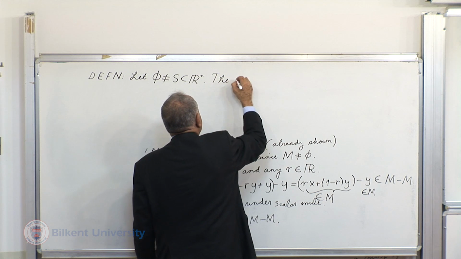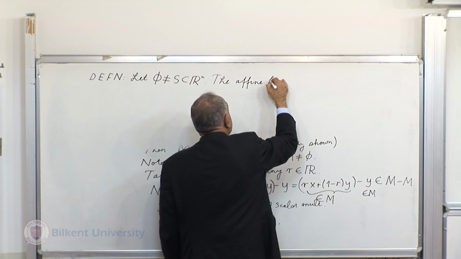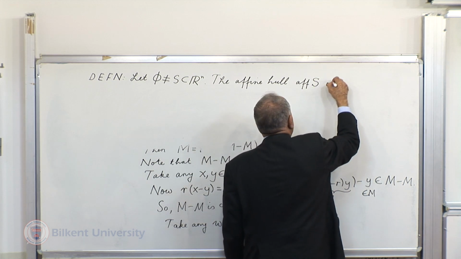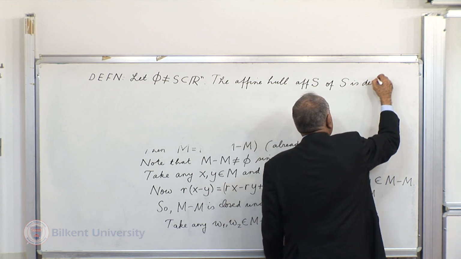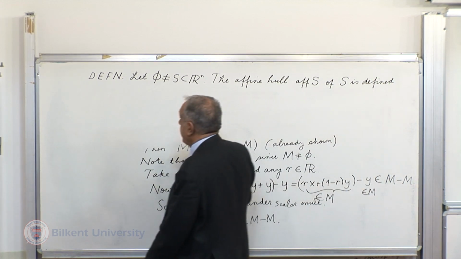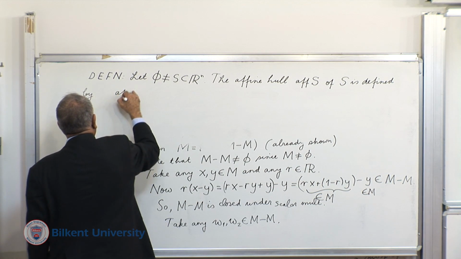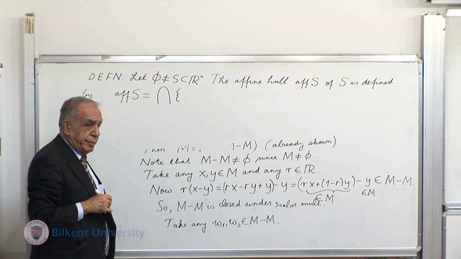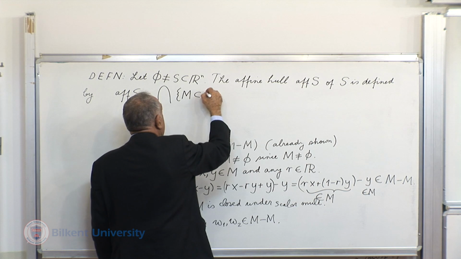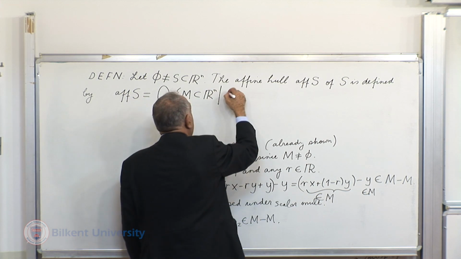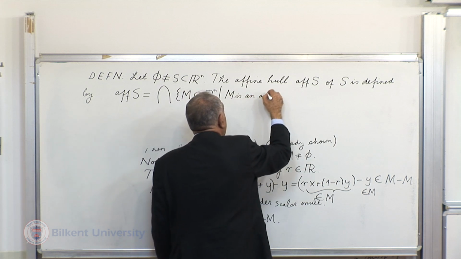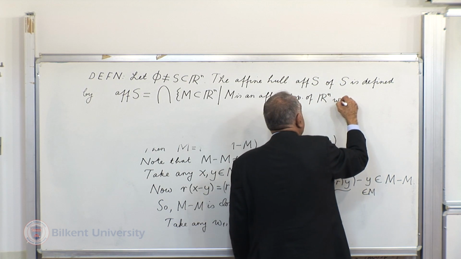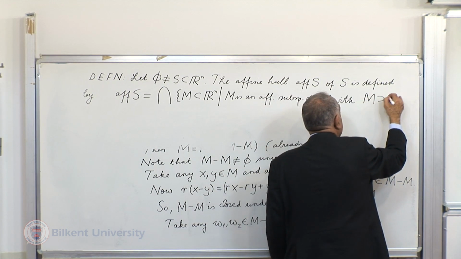The affine hull of S is defined by: affine hull of S equals the intersection of all M in Rn such that M is an affine subspace of Rn with M containing S.